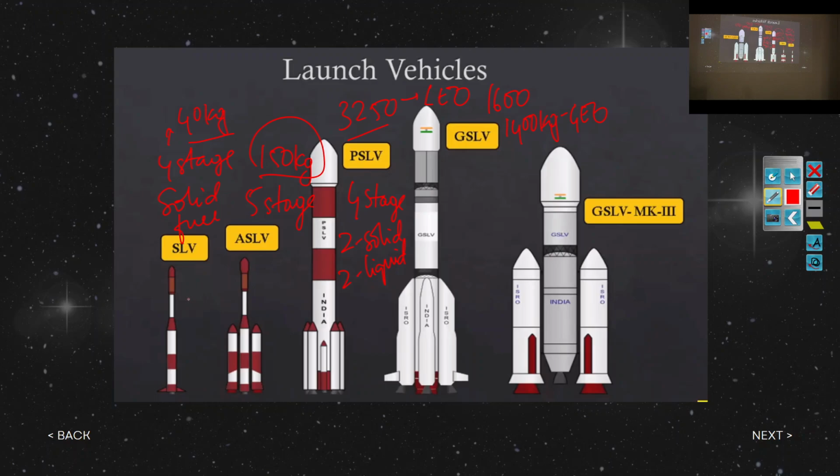Building this GSLV, India did not have that technology, so they introduced something called cryogenic fuel. This technology India did not have at that time. Who had this technology? Russia had it, and the USA.